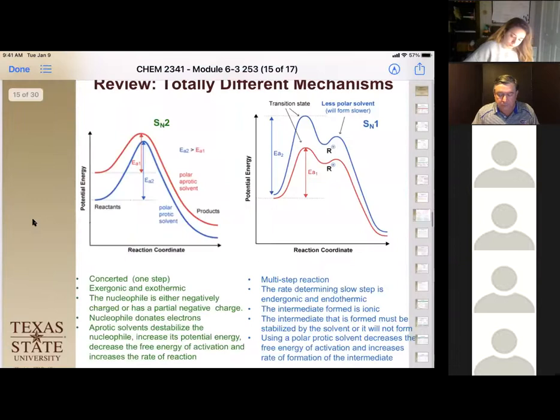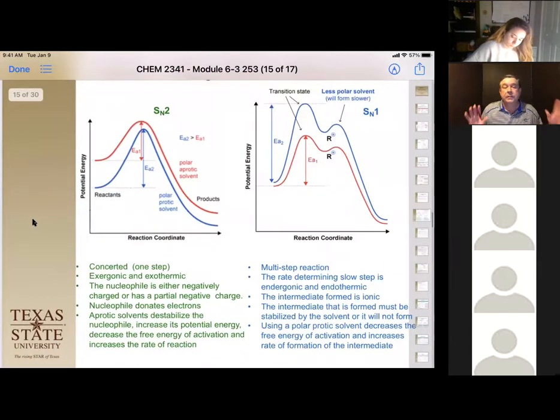Okay, so let's compare and contrast Sn1 and Sn2. The first thing is to look at the reaction coordinate diagram. In Sn2, you're only ever going to have one hump because you have one transition state. The nucleophile and the electrophile are in the same place at the same time. A bond is forming and a bond is breaking. It's concerted. It happens in one step. Now, if we look at the coordinate reaction diagram for an Sn1, we have to form the carbocation, and that's the first step.